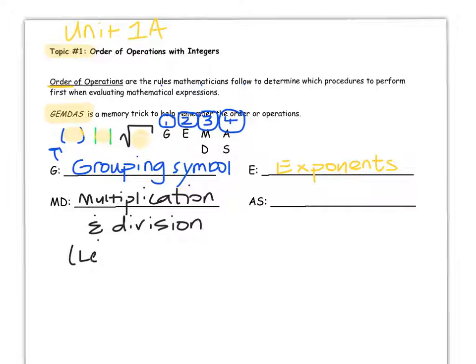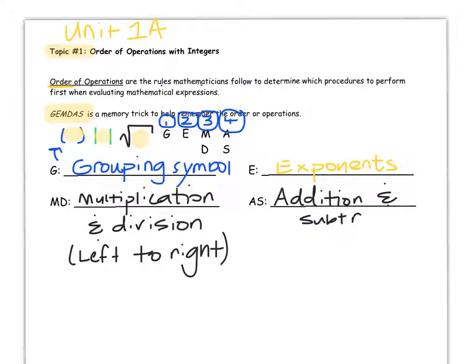I'm going to write here from left to right. And then for A and S, lastly, we do addition and subtraction, whichever comes first from left to right. This might be a little bit confusing right now, but we're going to do a couple of examples to help you understand the meaning and the importance of GEMDAS.